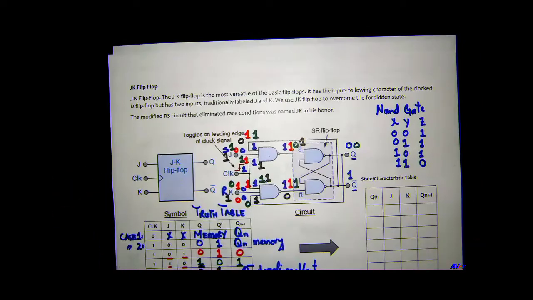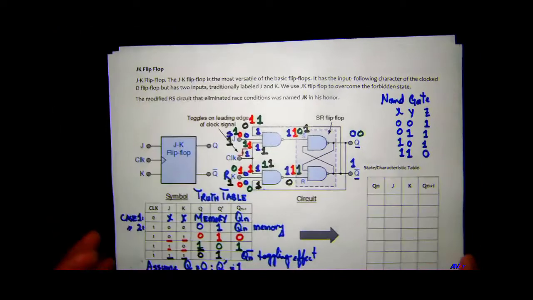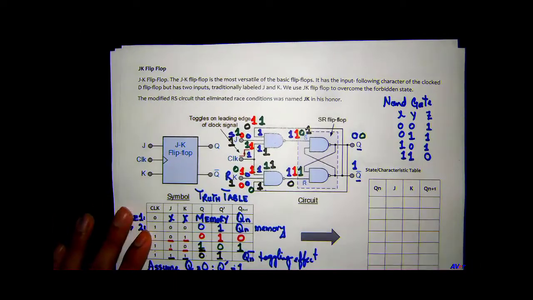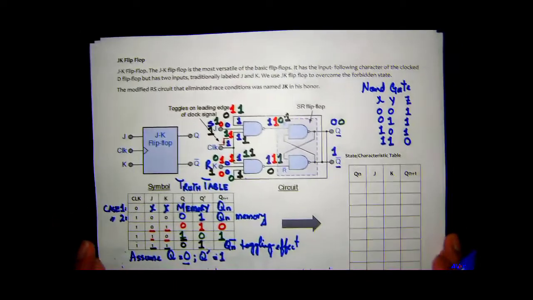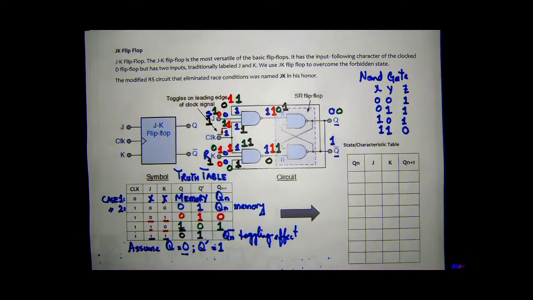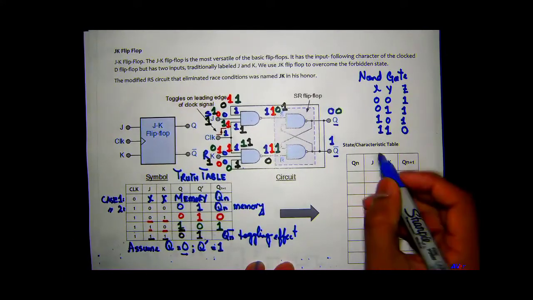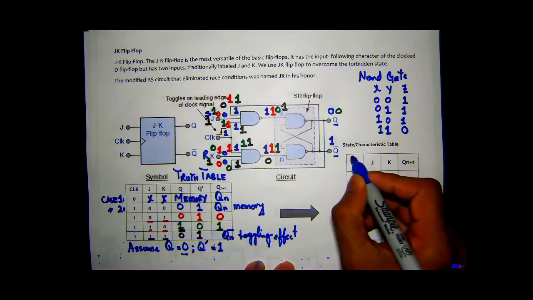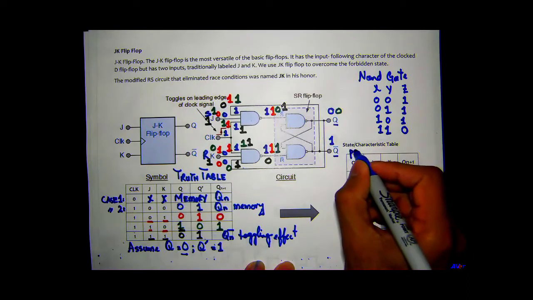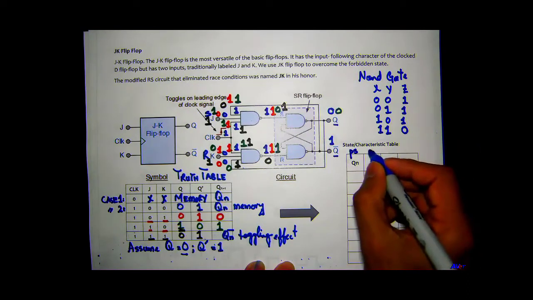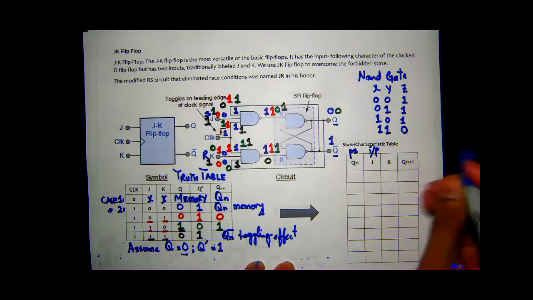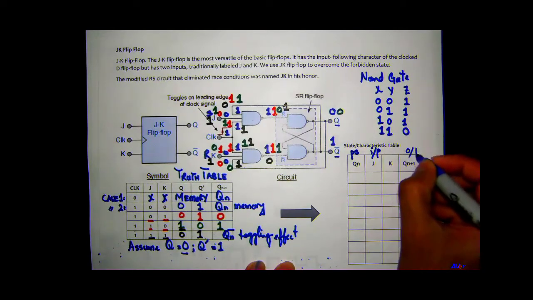Okay, now that we have the truth table ready, we're going to move on to the state characteristic table. And we know we use the truth table to create the characteristic table. In the characteristic table, we also know that the inputs are basically the present states or the previous states, and right next to those are the inputs, which in this case are J and K, and then we have the output, which is the next state.